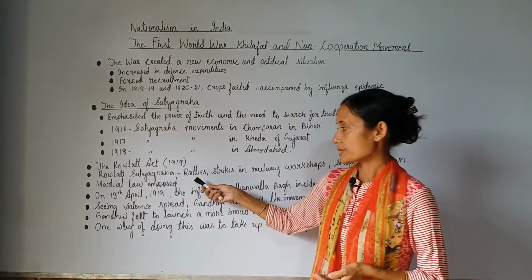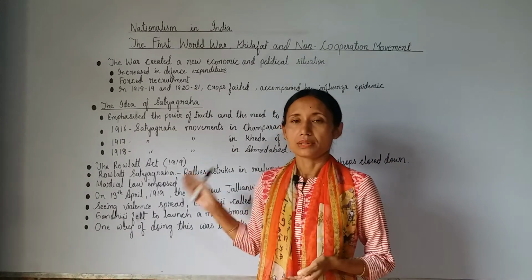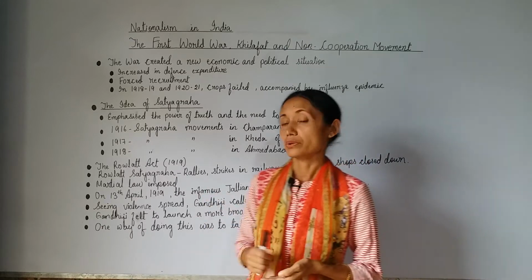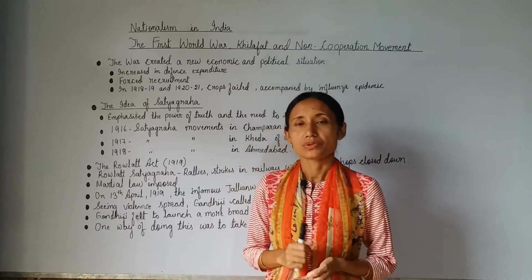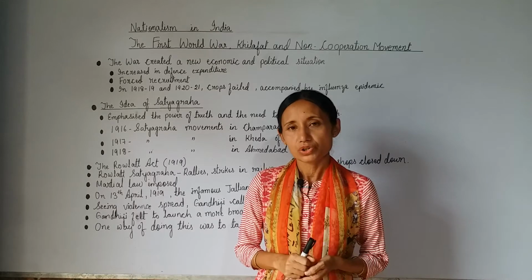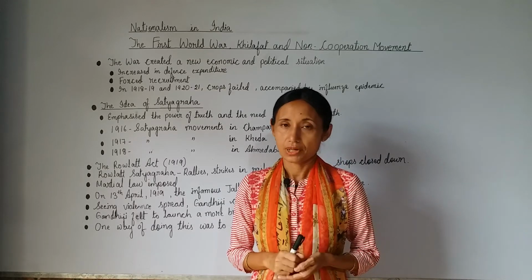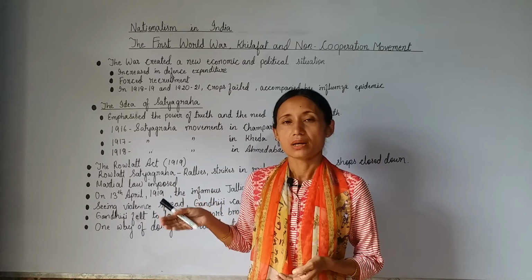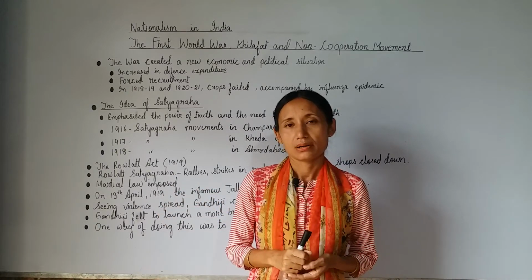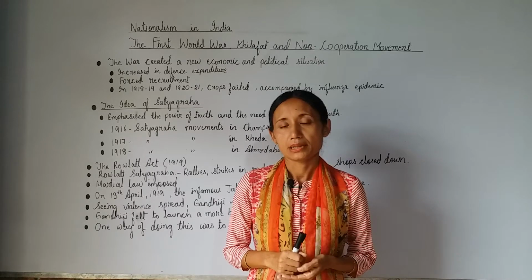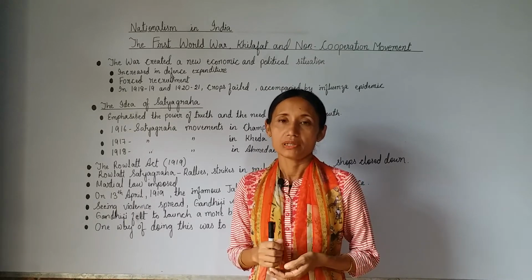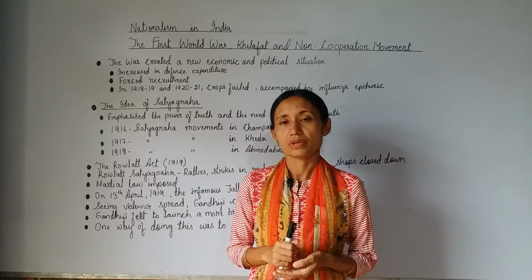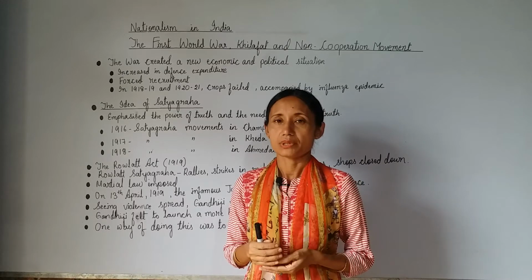When the Rowlatt Satyagraha took place, people organized rallies, there were strikes in railway workshops, and shops were closed down. Seeing this, the government got scared and started thinking that if such a movement deepened, it might disrupt lines of communication like the telegraph system or railways.